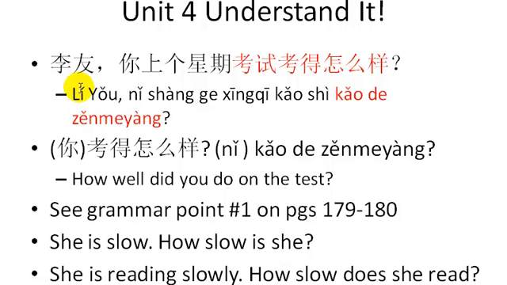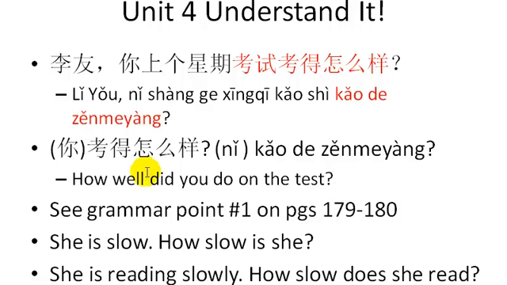We have Leo, 你上个星期考试考得怎么样? So let's focus on what I have in red here. Here, we could add in this ni, you. 你考得怎么样? So this 考得怎么样 means how well did you do on the test?